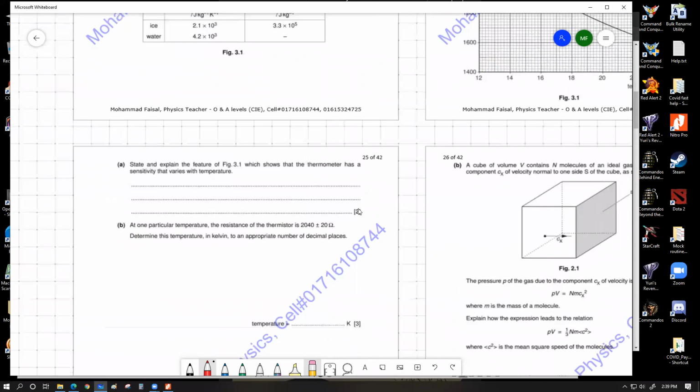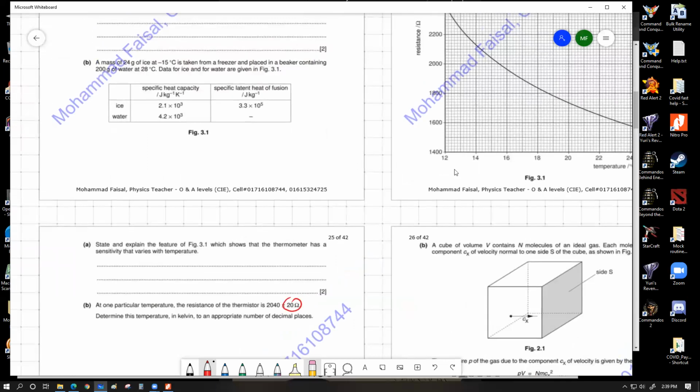Now, finding the temperature from the graph is pretty simple, but we need to convert that into Kelvin temperature, and also take into account the uncertainty. This is the important bit. How do we convert the 20 ohm amount on the vertical axis to the horizontal axis is actually pretty simple.